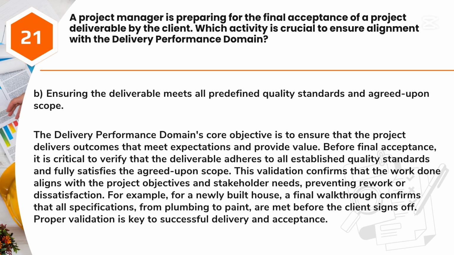This validation confirms that the work done aligns with the project objectives and stakeholder needs, preventing rework or dissatisfaction. For example, for a newly built house, a final walkthrough confirms that all specifications, from plumbing to paint, are met before the client signs off. Proper validation is key to successful delivery and acceptance.